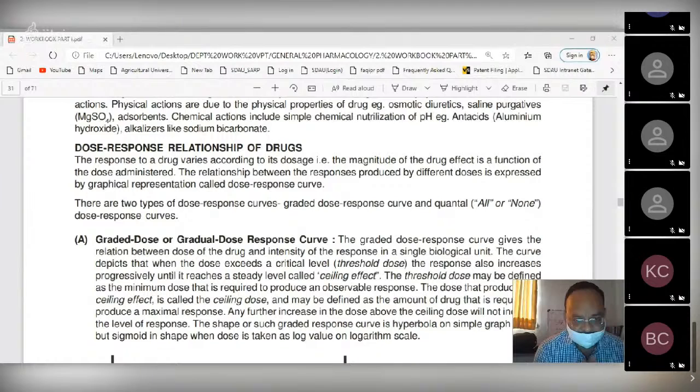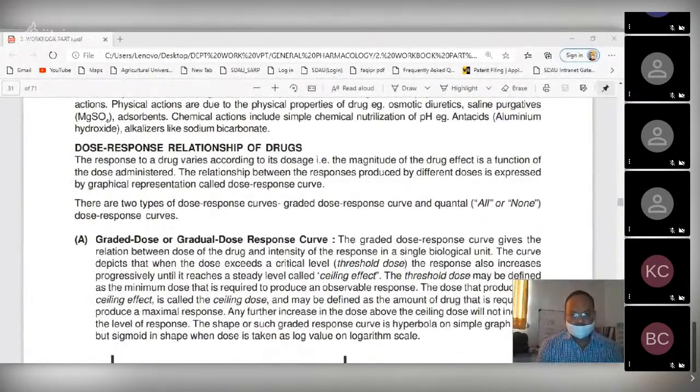So this relationship between dose and response is very important to understand. In the general or average concept of pharmacodynamics, there is a direct relationship between dose and response, and it is but natural that there is a direct relationship between the dose and response observed.